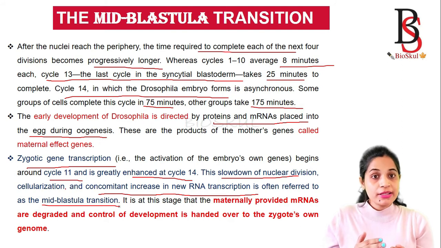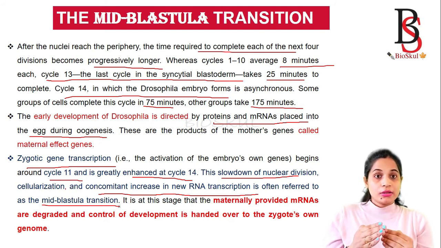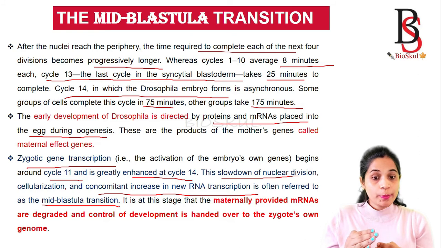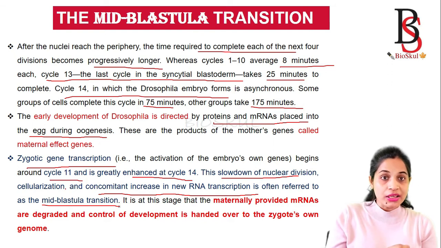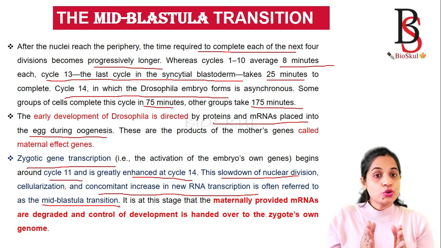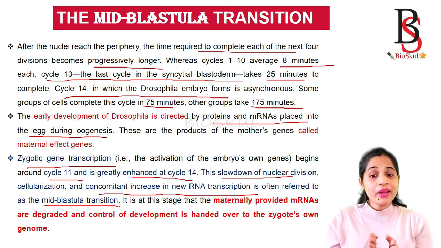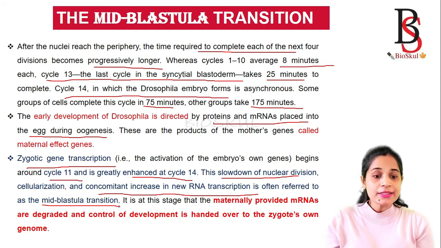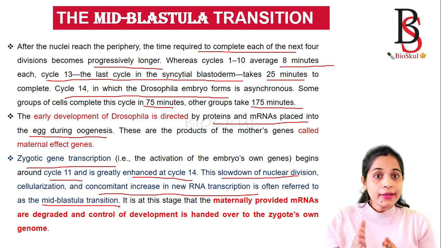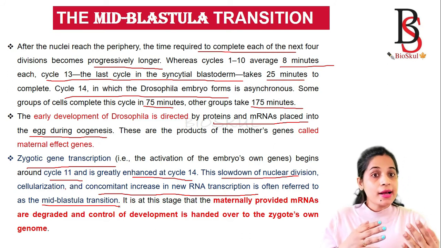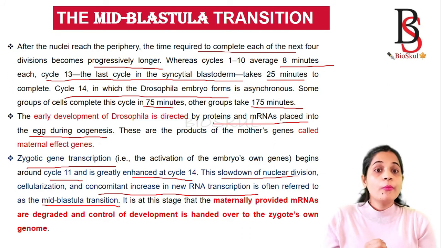The transition of Drosophila development from maternal effect genes to the embryo's own genes is known as the mid-blastula transition. It begins around cell cycle 11 and the process is enhanced at cell cycle 14.